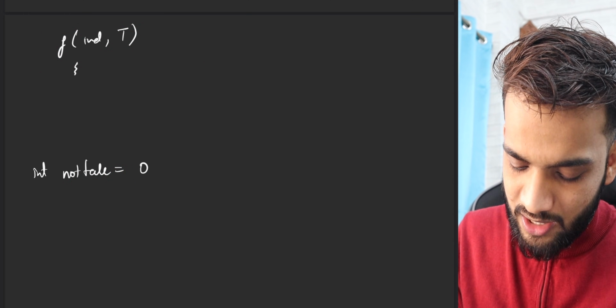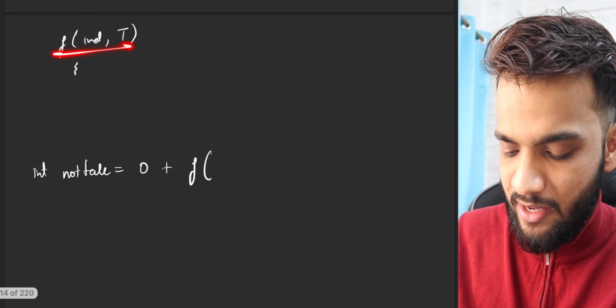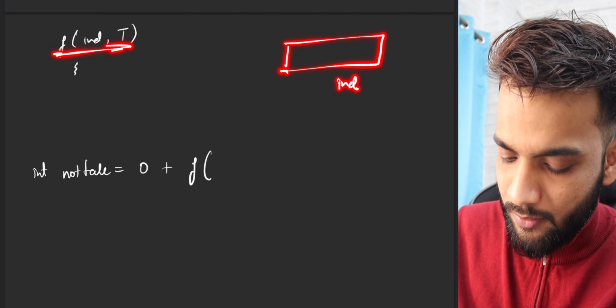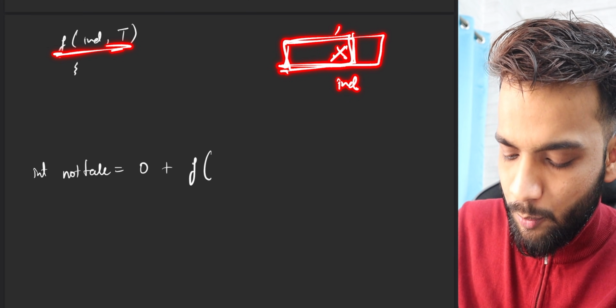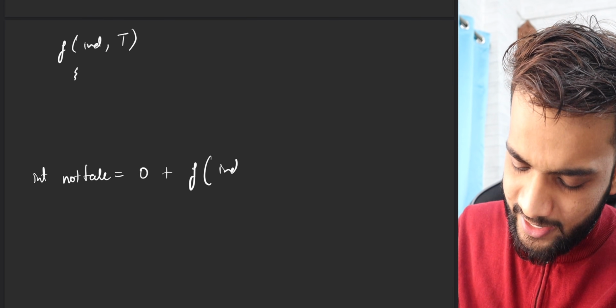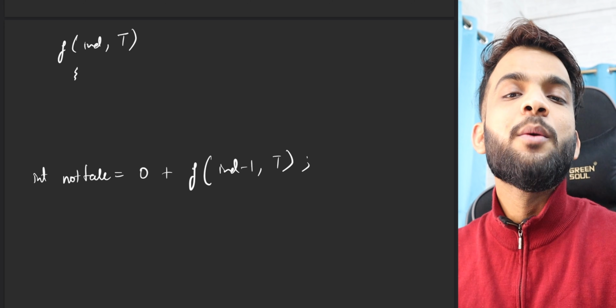So the number of coins counted will be 0. And if you're not taking it, what happens to this f? You had an array, right? You probably are standing over here, and this is your portion. If you do not take it, you have to move back. So when you move back, it will be index minus 1 and target. Perfect. And what about take?